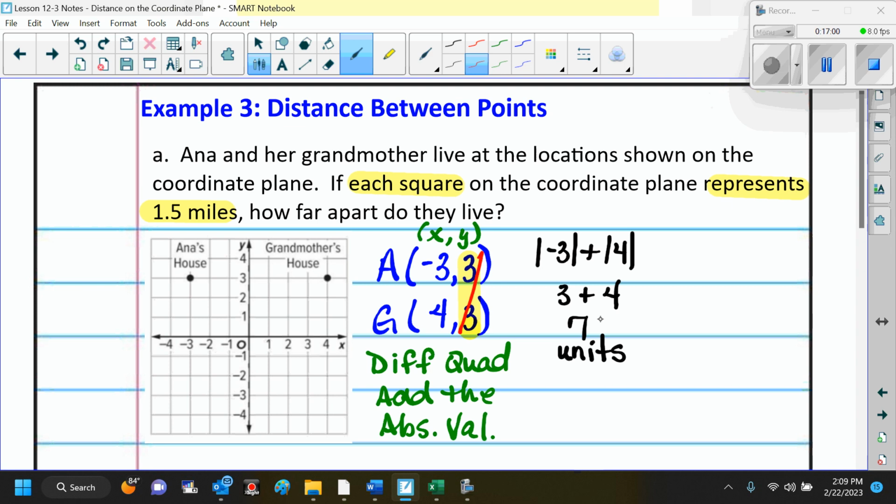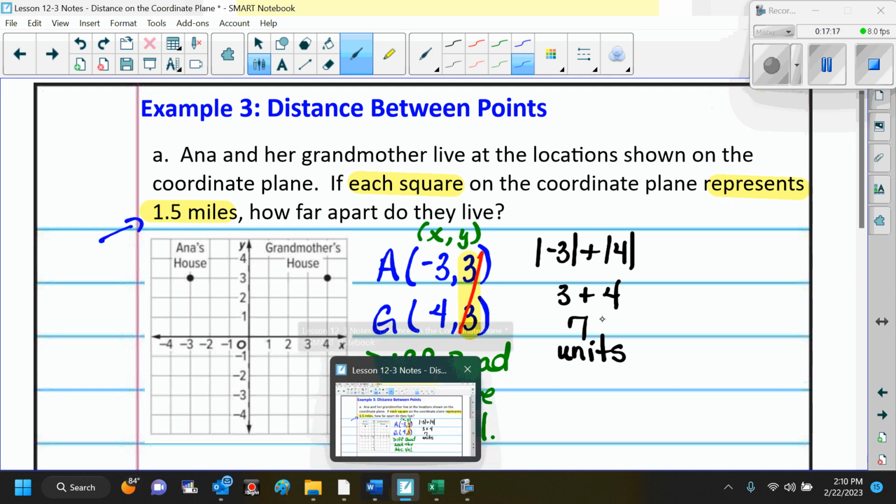Now, is that how far away they are? No, we have another step. We know that each square or each unit on the coordinate plane is 1.5 miles.